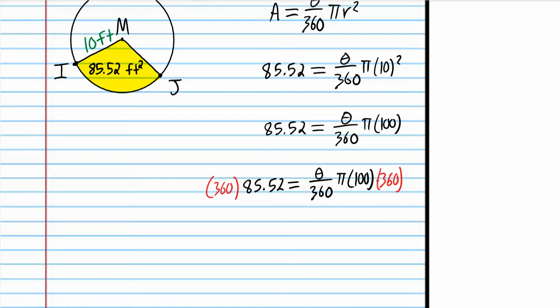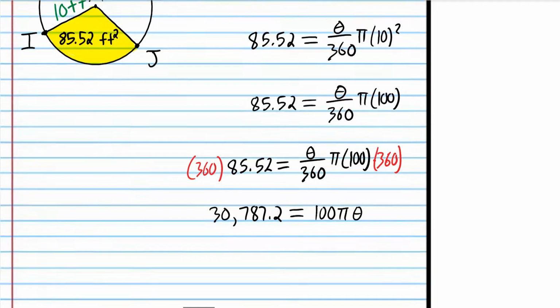And the left side of the equation, 360 times 85.52 is 30,787.2. And the 360s cancel out over here, and I'm left with 100 pi times theta.